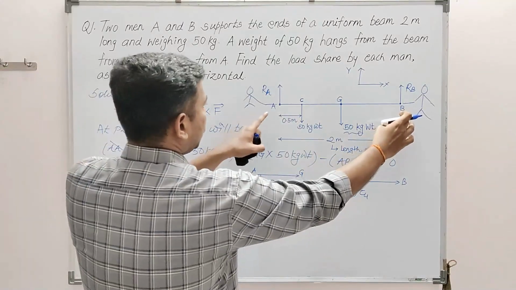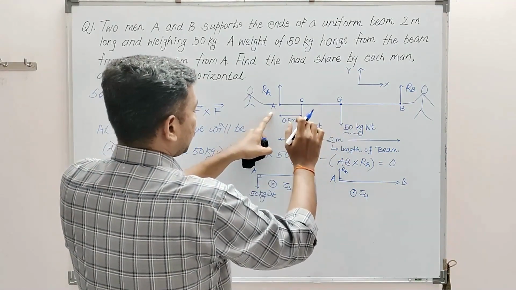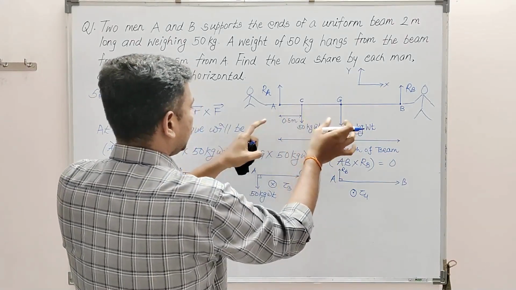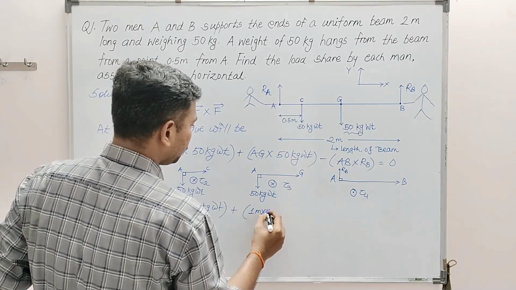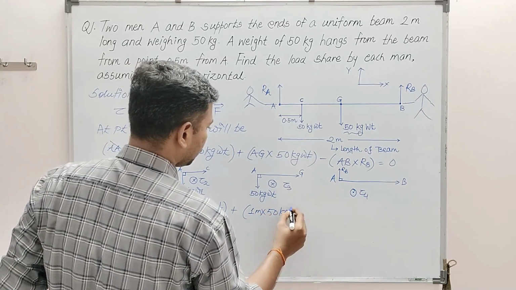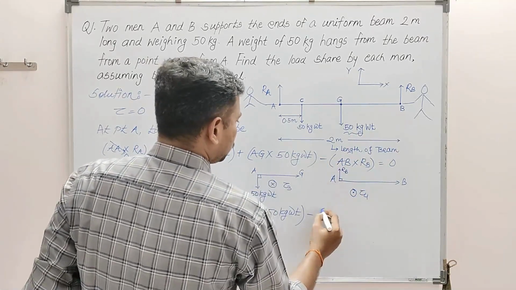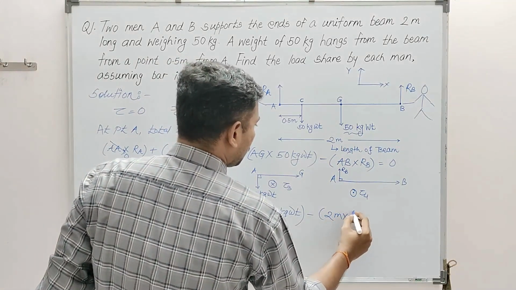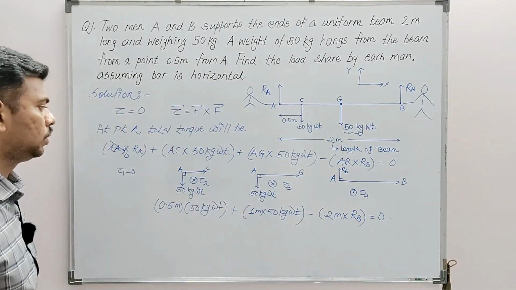See, this entire AB is 2 meter, AG is 1 meter because G is the center of mass or center of gravity, so definitely it is at the origin. So AG is 1 meter into 50 kgWt. Next, AB is 2 meter into RB, which we have to find, and this everything goes to 0.